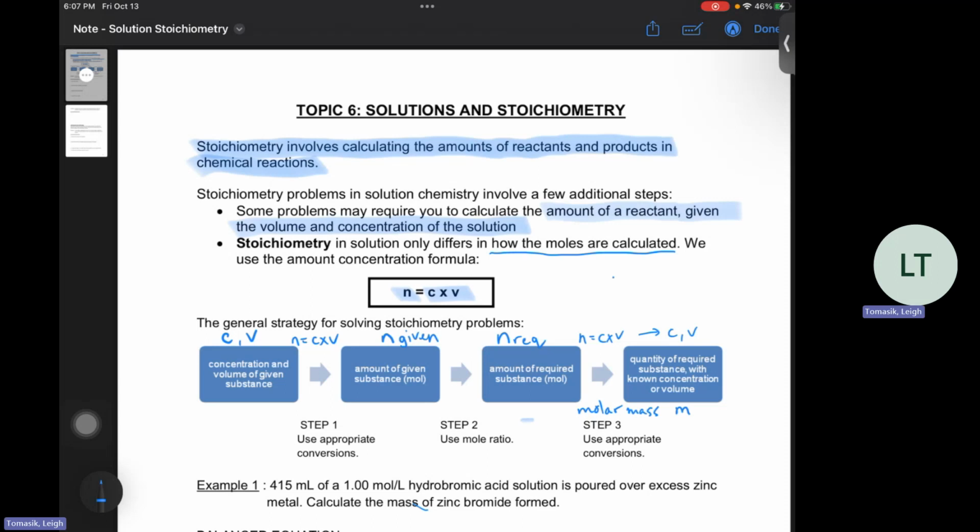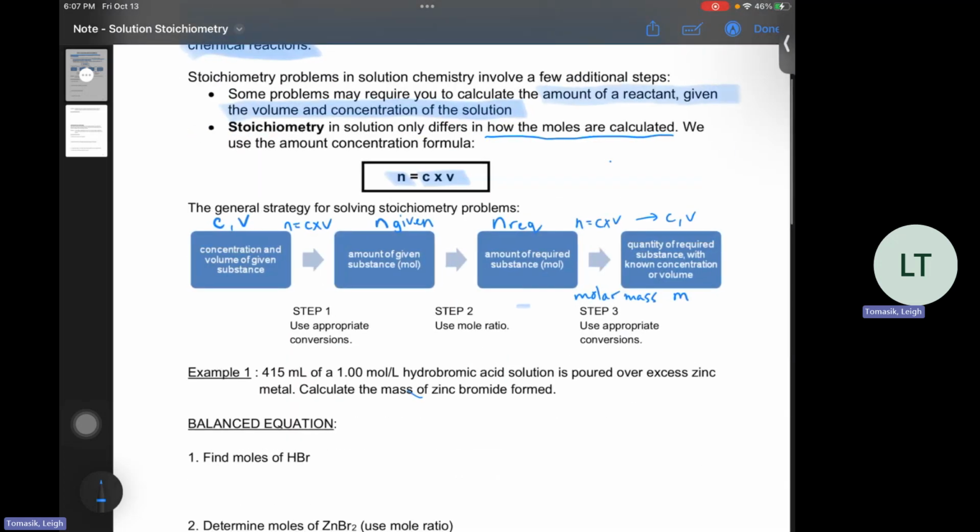Okay, so we can go from moles to grams and grams to moles, or we can go from moles to concentration or volume and back.